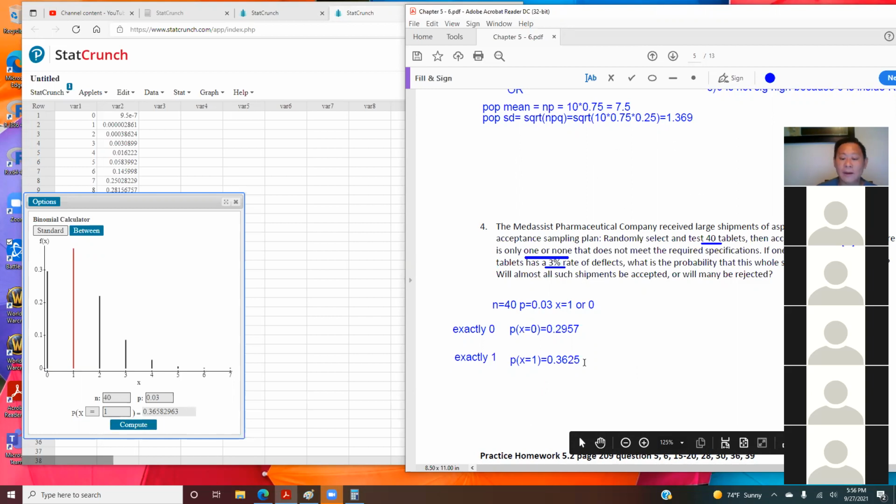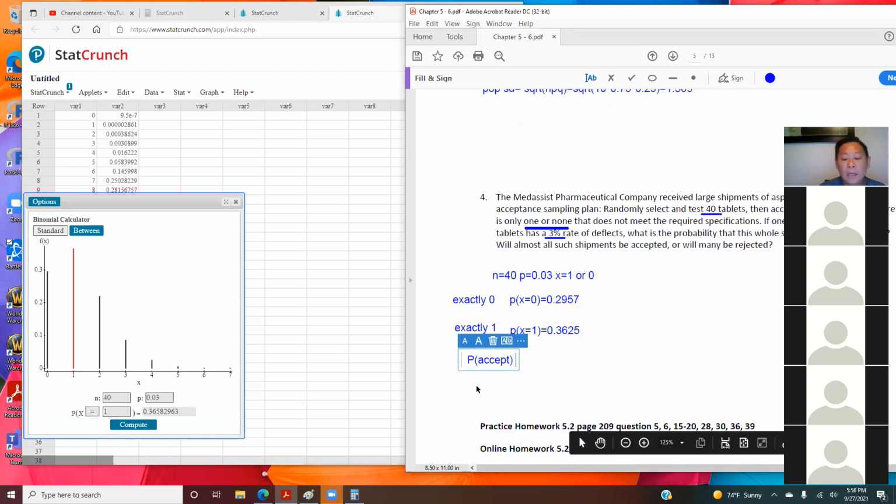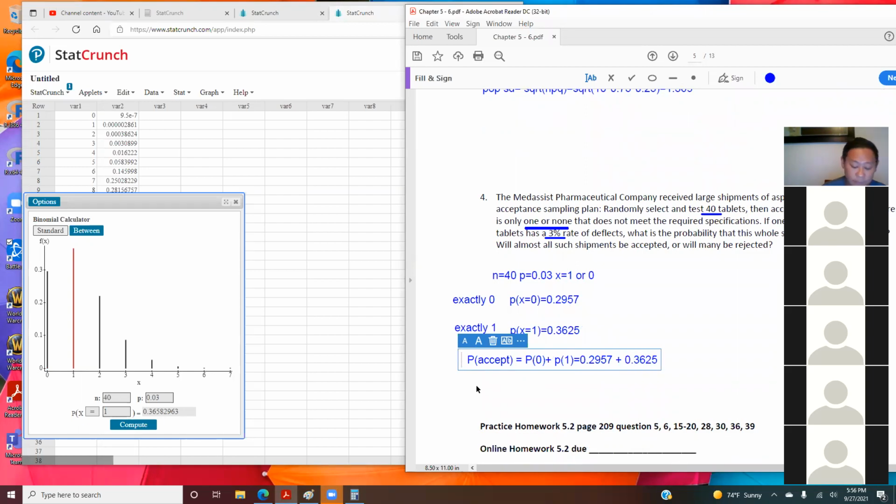In order to figure out the accept rate, you add P0 plus P1. So take out your calculator, add 0.2957 and 0.3658. Not 25, it's 58. 0.3658.